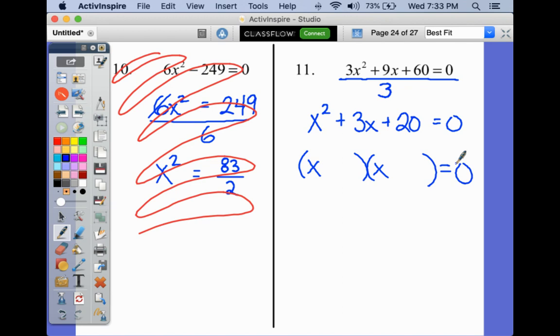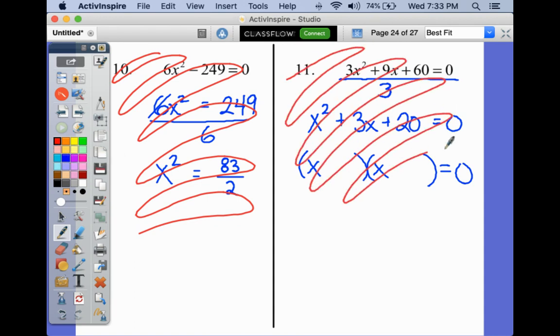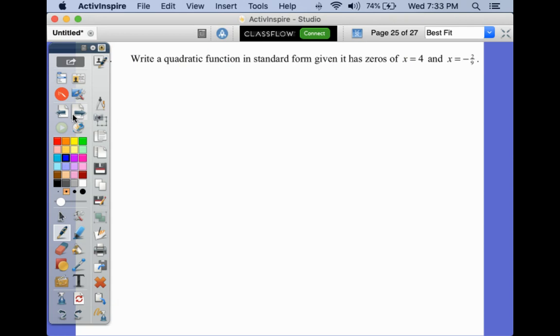It's 2 times 10, which doesn't make 3. And it's 4 times 5, which doesn't make 3. So I'm going to say we can't factor. I'm going to say we got another typo on this worksheet. I know we've completed part 2 of this chapter, which would include quadratic formula, but for part 1, we hadn't done quadratic formula yet, so we shouldn't have to use it. So I think I just messed up in writing that problem.